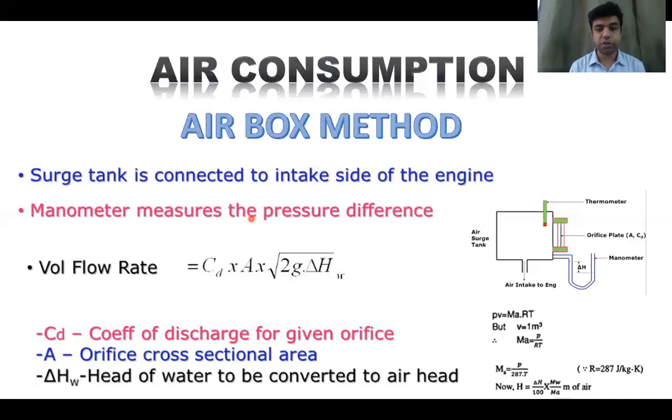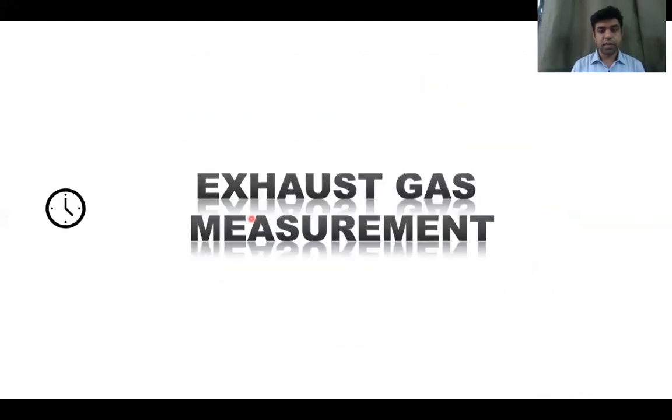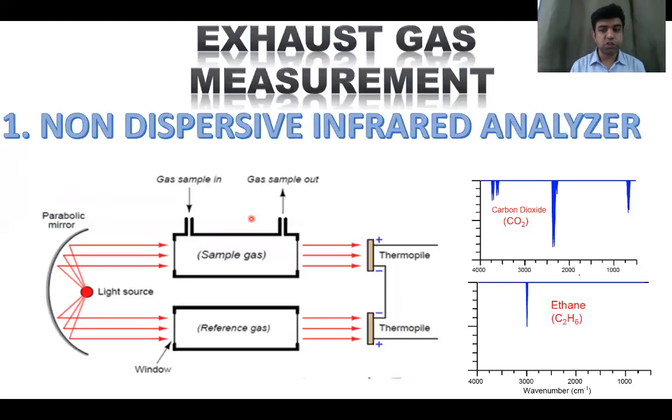Let us move further. Our next topic is to measure the exhaust gas emissions, that is, the amount of constituents present in the exhaust gas. Let us see the different techniques to measure the exhaust gas, in which the first and the most important technique is the non-dispersive type infrared analyzer.